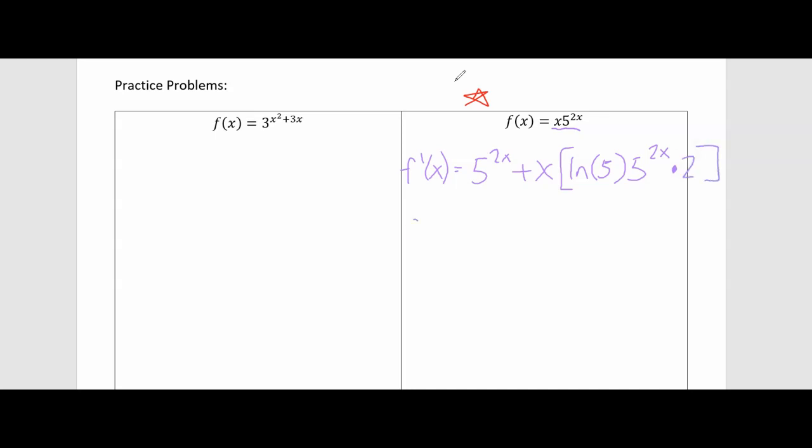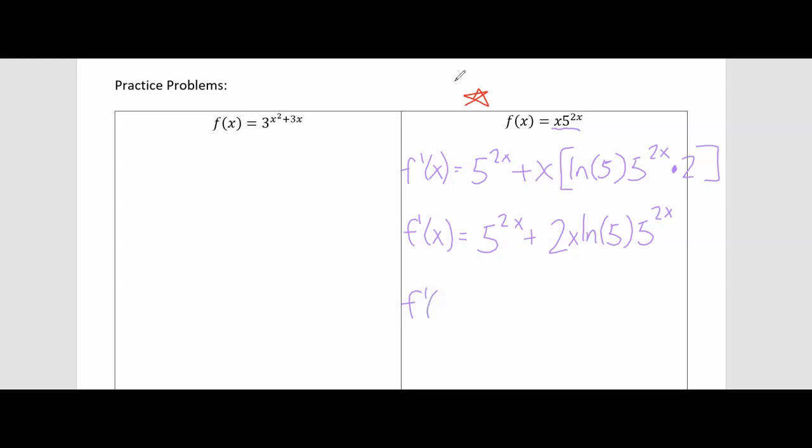Then we're going to go ahead and simplify everything. So f prime of x is equal to 5 to the power of 2x plus 2x times the natural log of 5 times 5 to the power of 2x. And they may factor out the 5 to the power of 2x, right?